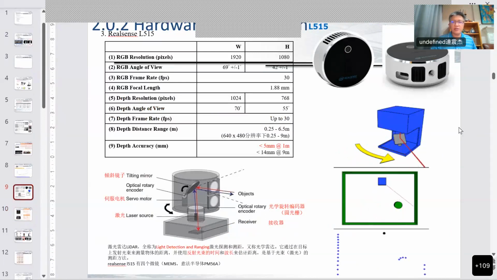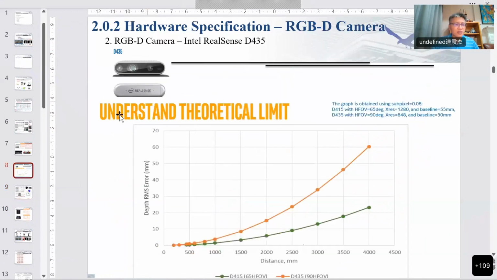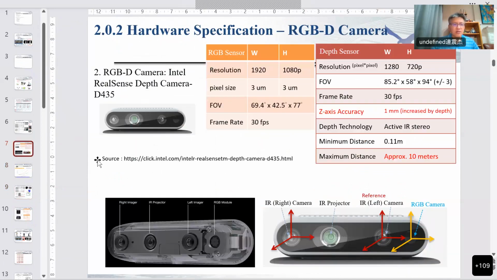And this is the other one. I cooperated with Intel, so I am familiar with the Intel products. D is depth. So there's RealSense D, which uses stereo.